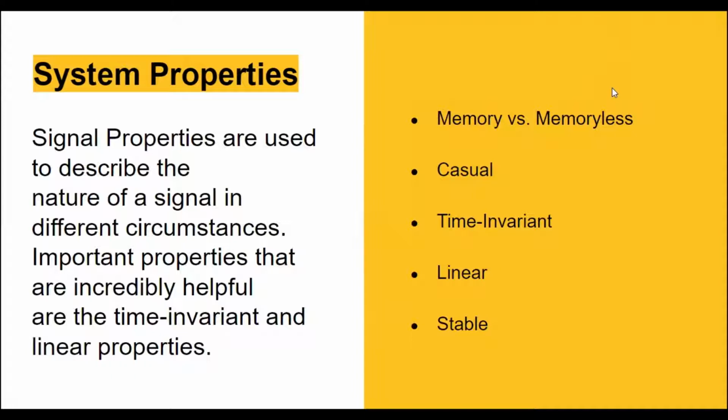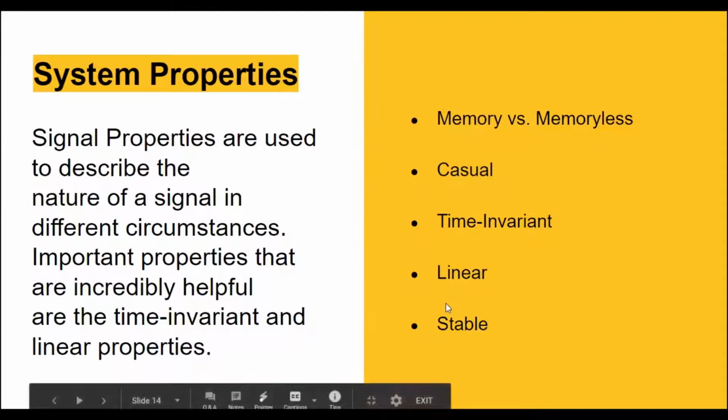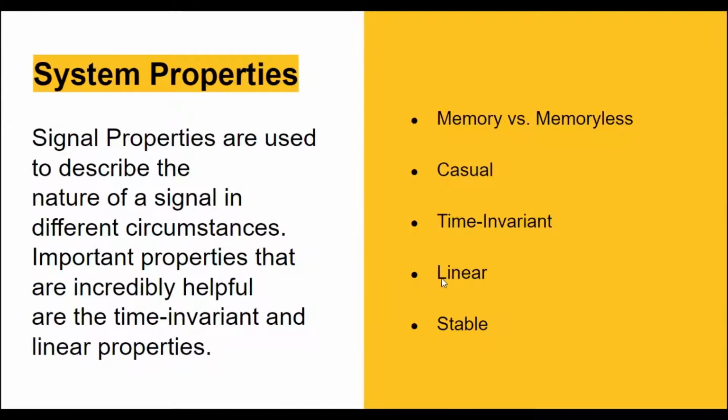When a system has memory versus when it's memoryless, what is a causal system, what is a time-invariant system, what is a linear system, and also what is a stable system. All of these are important, but in particular we really want to understand what is a time-invariant system and what is a linear system, because a combination of these 2 properties helps us develop a lot of systems that let us do a lot of stuff later on.